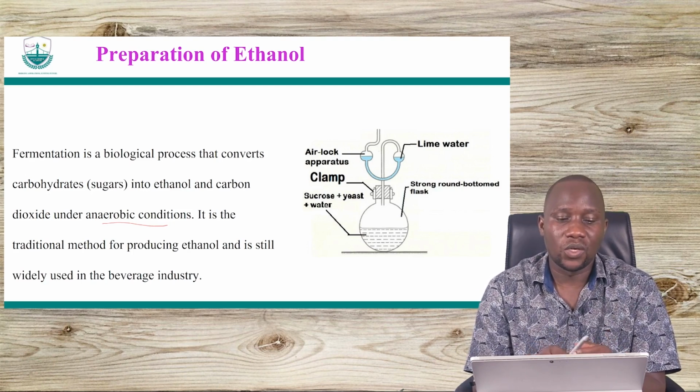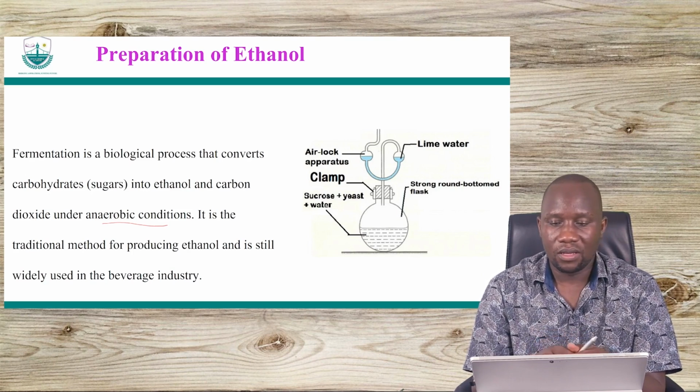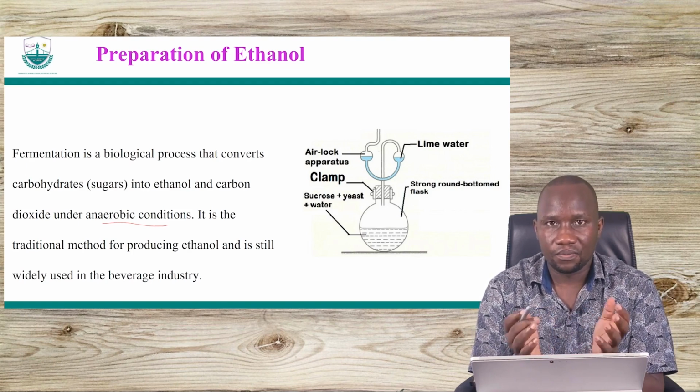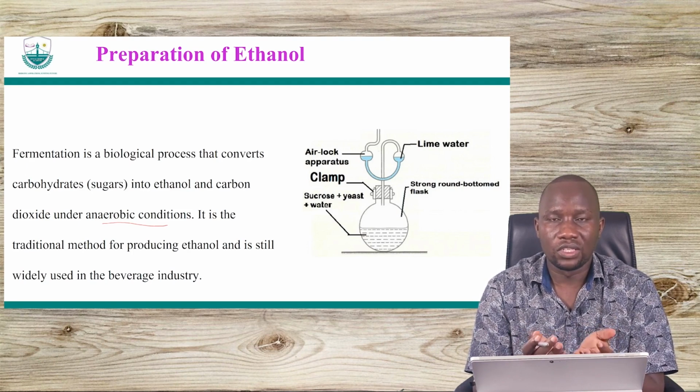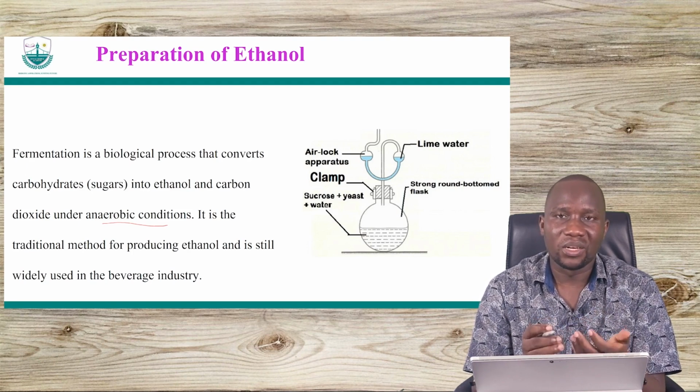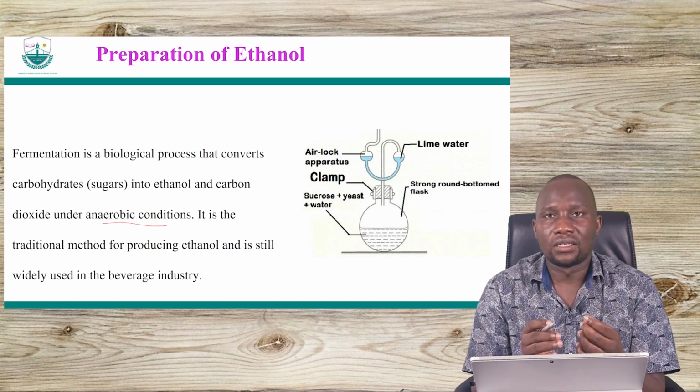So this is our traditional way of making ethanol in the village, for example. The method is basically simple. You get a source of glucose. Remember, I talked about starch or carbohydrates generally.